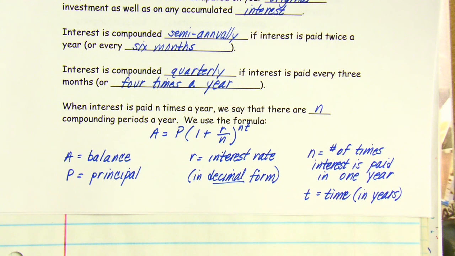All right, we're going to do some problems using these interest formulas on side 2 of the notes. But before we do that, we're going to talk about continuous compounding.